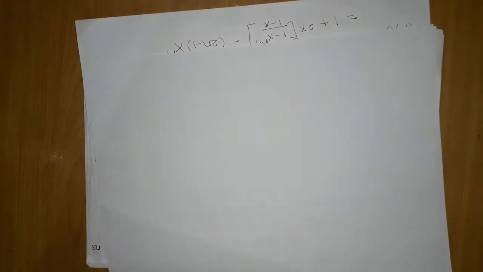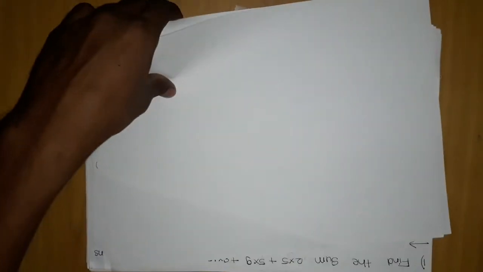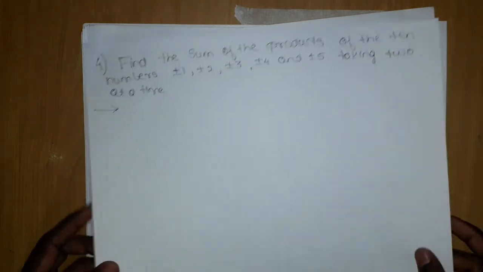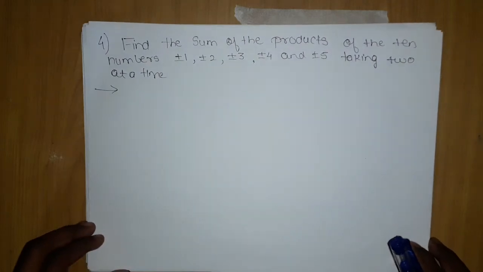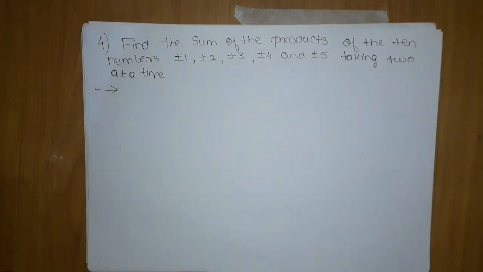So let's do some problems. The first problem on this: when such type of question appears, find the sum of the product of 10 numbers, plus minus 1, plus minus 2, plus minus 3, plus minus 4 and plus minus 5, taking 2 at a time.